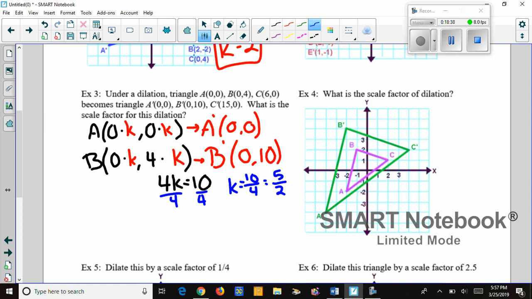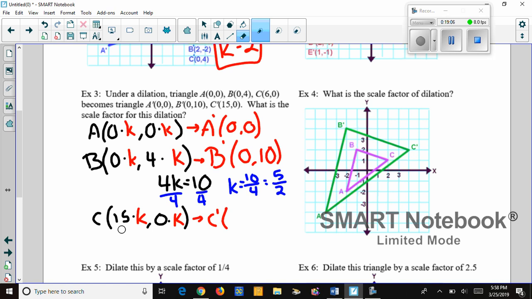Let's double check to make sure this works out by checking out point C. In point C, I have 15, 0, and I'm multiplying them both by K. In order to find C prime, which is at, I'm sorry, I did that again where I have this backwards. This should say 6.